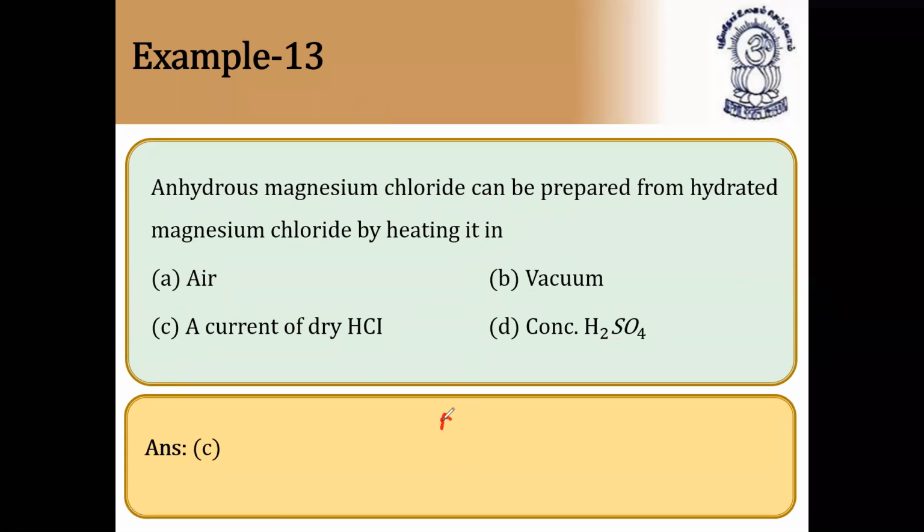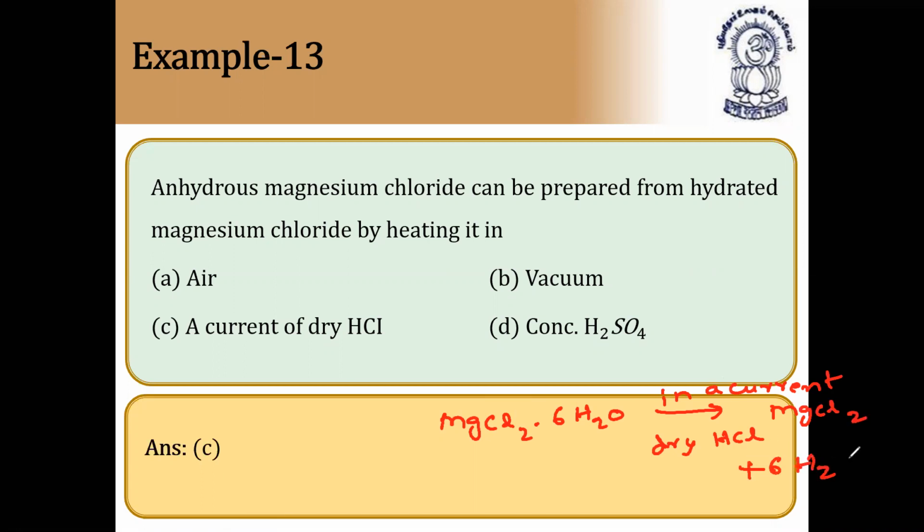When MgCl2.6H2O is heated in a current of dry HCl, it forms MgCl2 plus 6H2O. So this is the answer, option C.